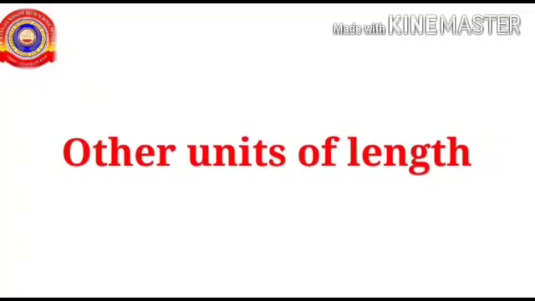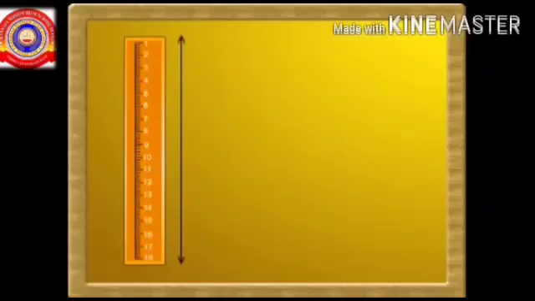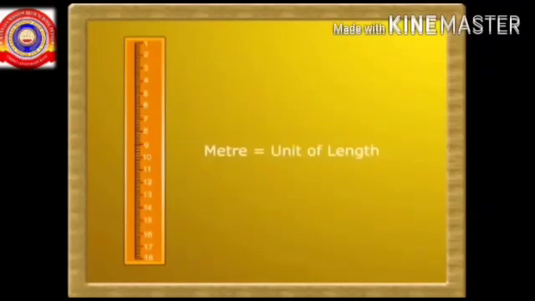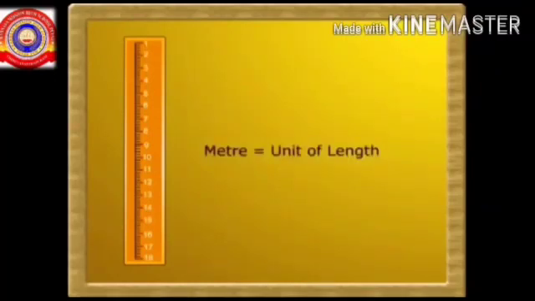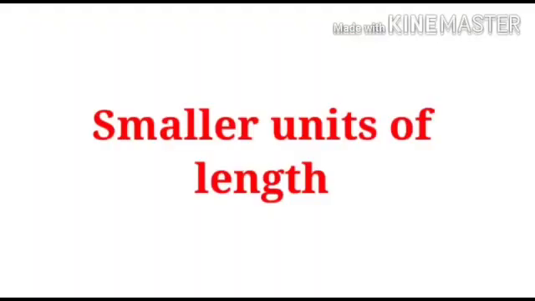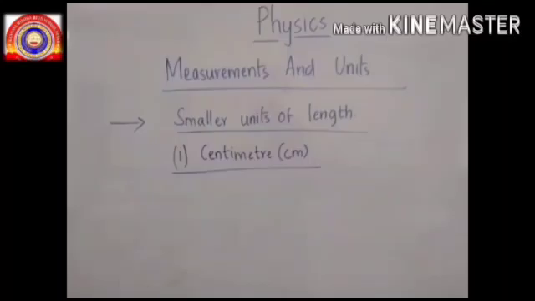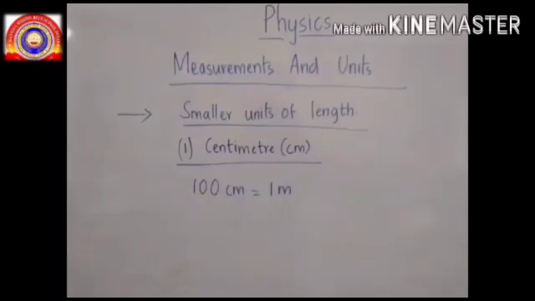Other units of length. The basic unit of length is meter. Smaller units of length. First one is centimeter. 100 centimeter equal to 1 meter.